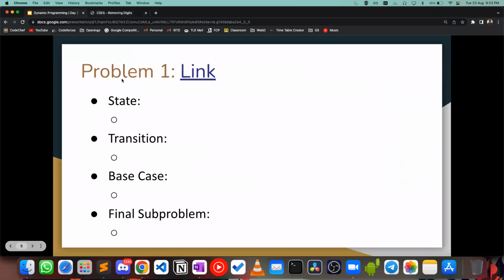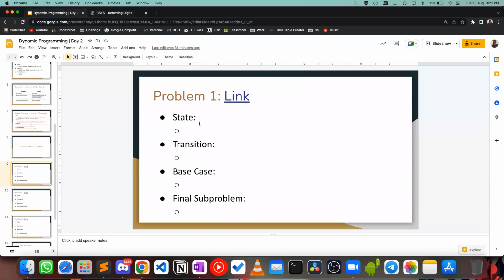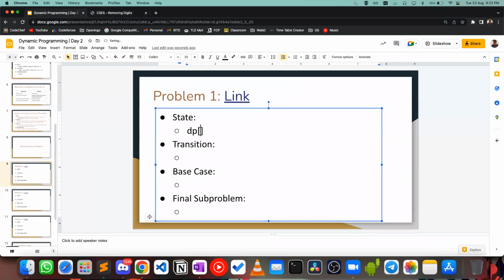So let's write it here in the slide. We have dp of x equal to minimum steps to convert x to 0. What is the transition? Transition is dp of x is equal to minimum of dp of x minus some digit of x, right?